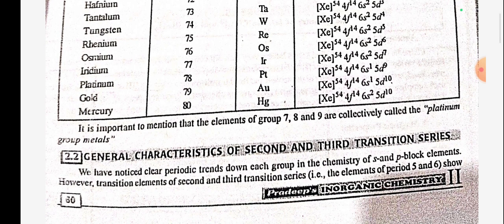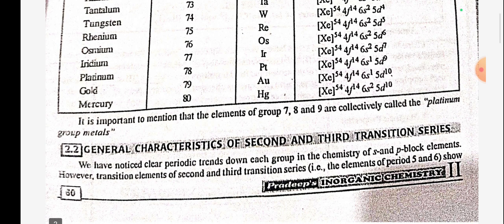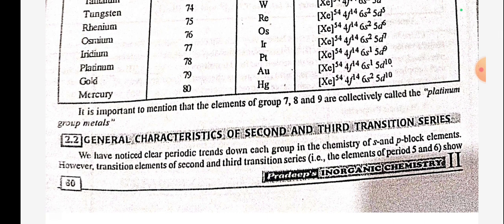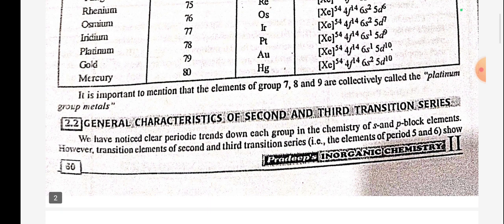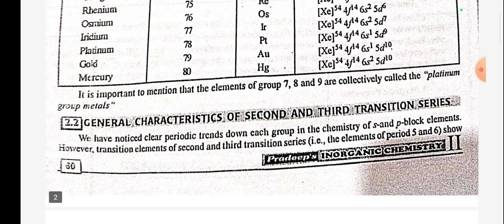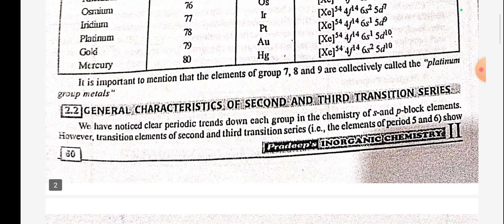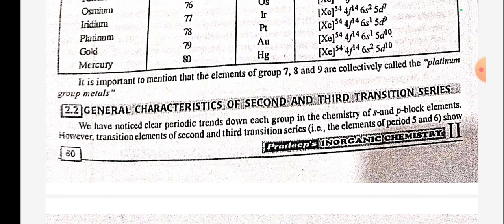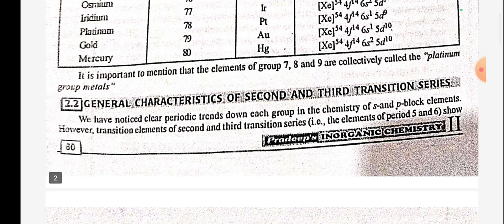Osmium, Os, Xe 54 4f14 6s2 5d6. Iridium 77, Xe 54 4f14 6s2 5d7. Platinum, Pt, Xe 54 4f14 6s1 5d9. Gold, 4f14 6s1 5d10. Hg, Xe 54 4f14 6s2 5d10.